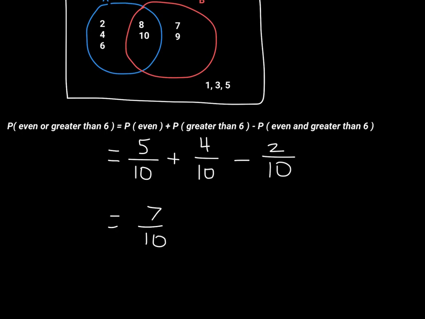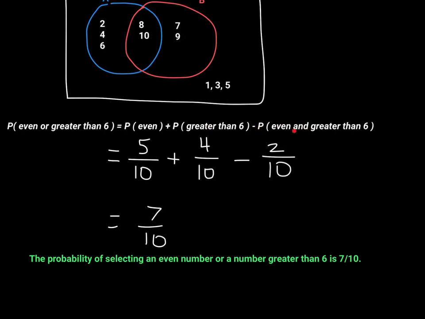So 7/10. That's our probability of selecting an even number or a number greater than 6. This example was illustrating the probability of A or B. We add the probability of A, then the probability of B, minus the probability of A and B, the probability of both events occurring simultaneously.